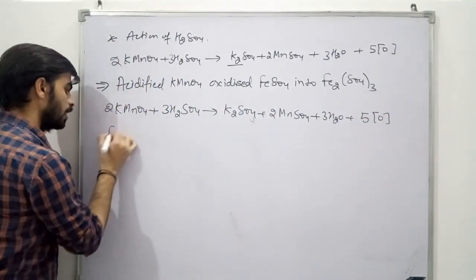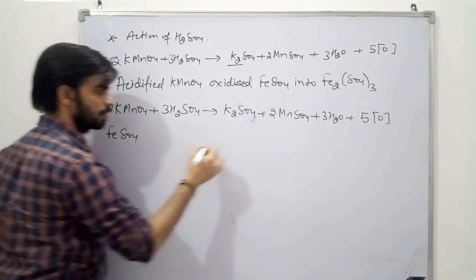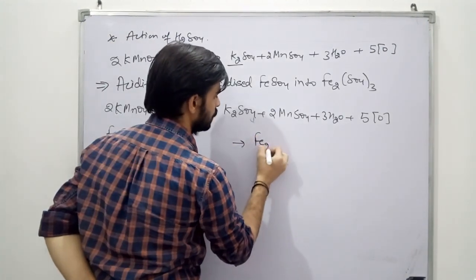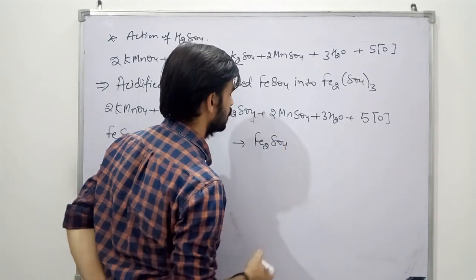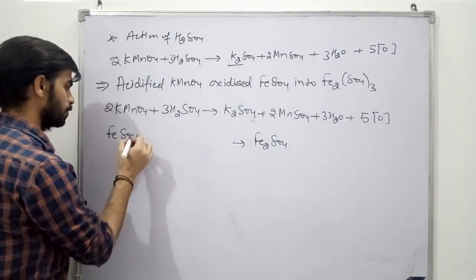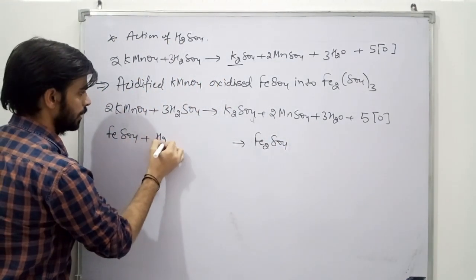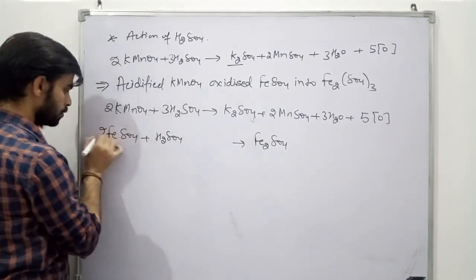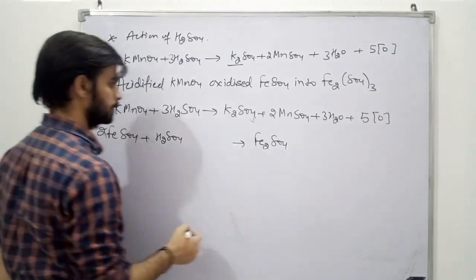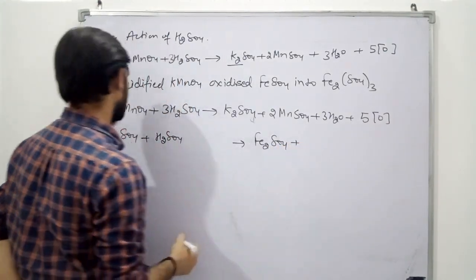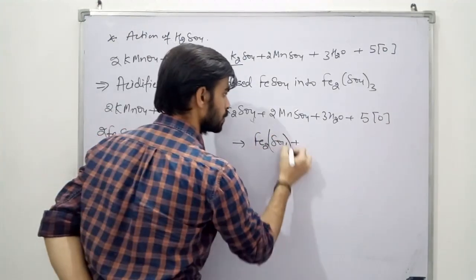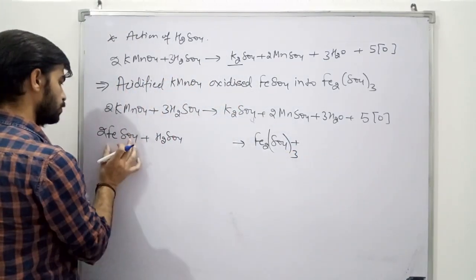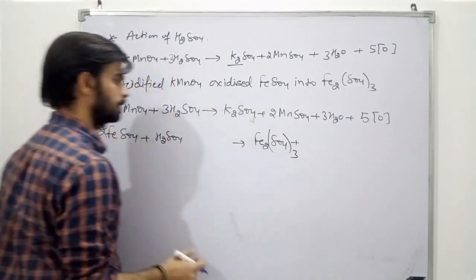Now FeSO4 gives Fe2(SO4)3 with H2SO4. Again we have 2, 2, 1, 3. So Fe2(SO4) whole thrice: 2 plus 1 is 3, and here 3.